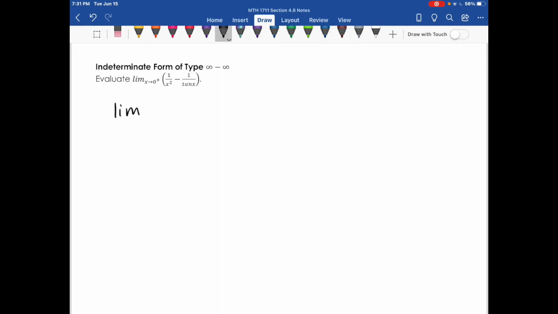Here's another indeterminate form, infinity minus infinity. So we're going to start off by trying to combine these fractions. So I'm going to find a common denominator, which will be x squared tangent x. So when I create a common denominator and I combine those fractions, I'm going to get tangent x minus x squared all over x squared tangent x.